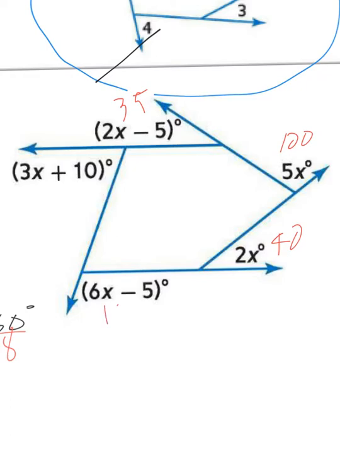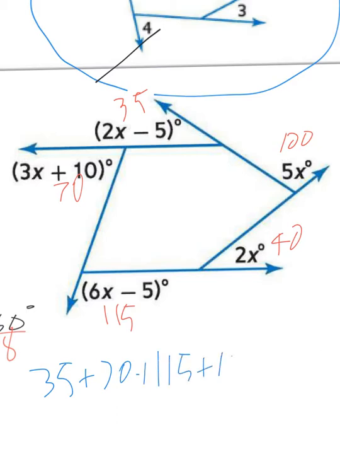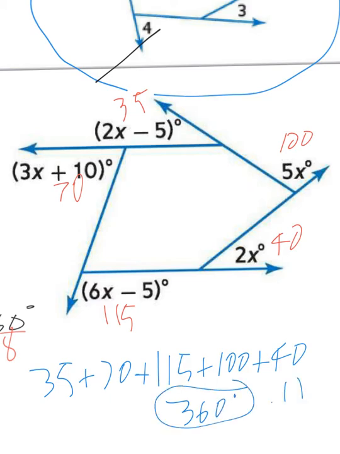Minus 5 is 115. 3 times 20 is 60. Plus 10 is 70. And then you can always check by going, what's 35 plus 70 plus 115 plus 100 plus 40. Type that all into your calculator, and you get right back to 360 degrees, so you know you did it right.